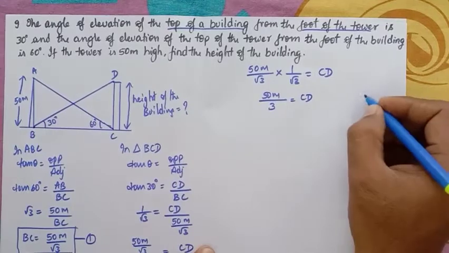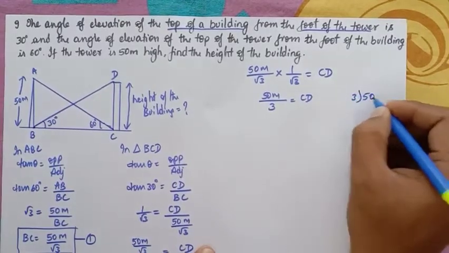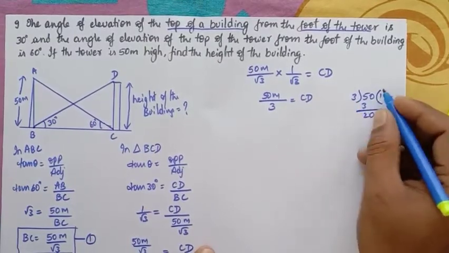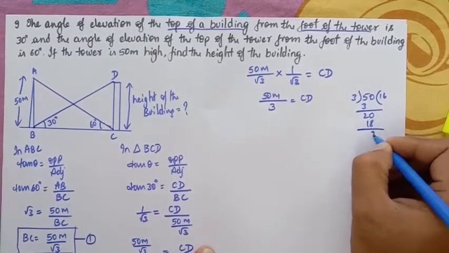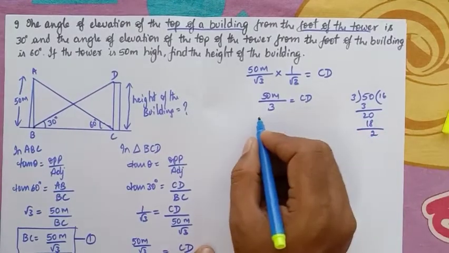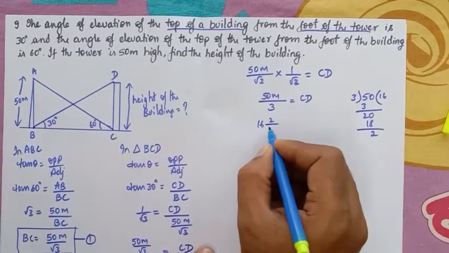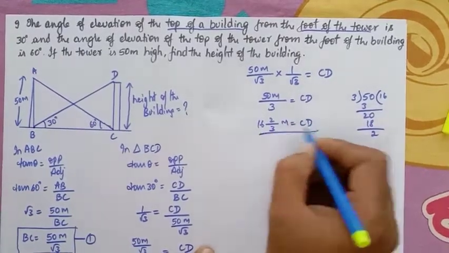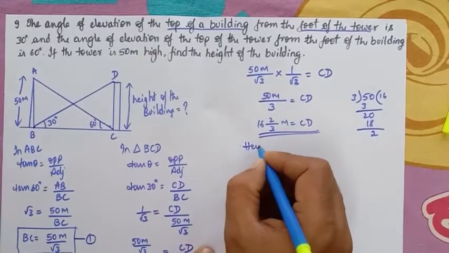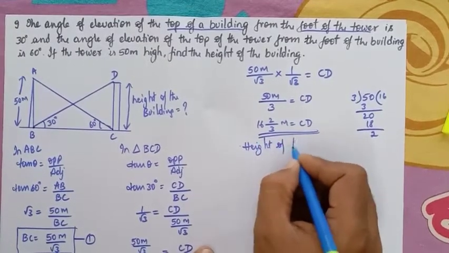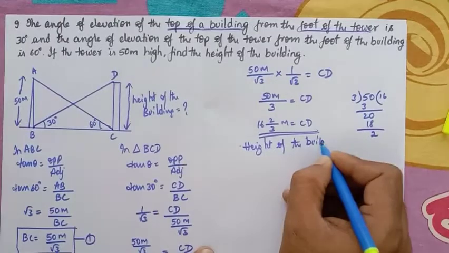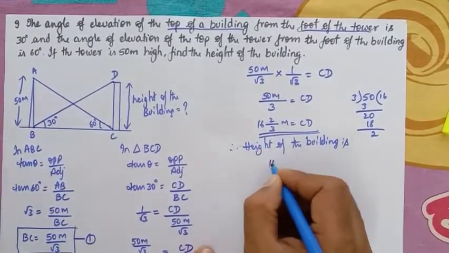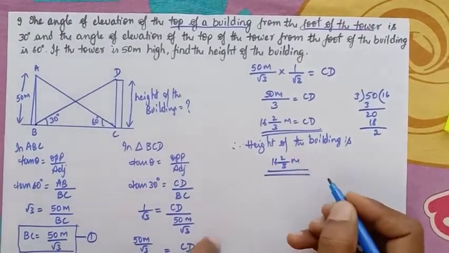On dividing 50 by 3, we get 16 and the remainder is 2. So it can be written as 16 2 by 3 meter is equal to CD. Therefore, the height of the building is 16 2 by 3 meter. This completes this problem.